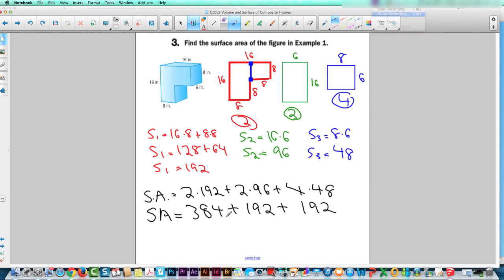To save time, I wrote down the numbers quickly, so these are the results. And when you add these 3 numbers, you get 768. Now look for the units of measurement. It's in inches. We're doing inches, but we're not doing cube now because we're not talking about volume. We're talking about surface area. So we put inches squared.